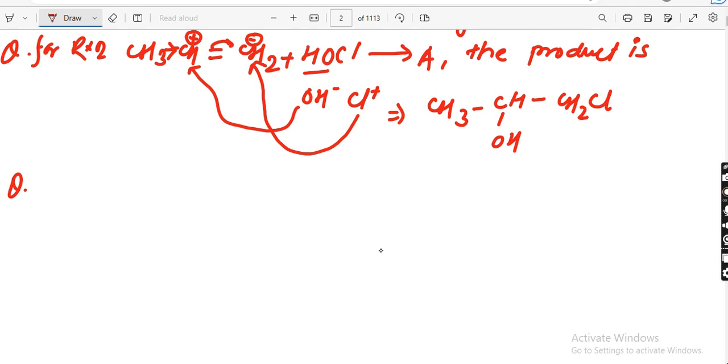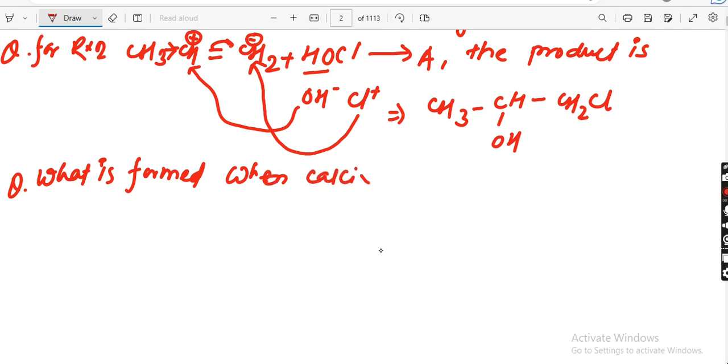What is formed when calcium carbide is reacted with heavy water?